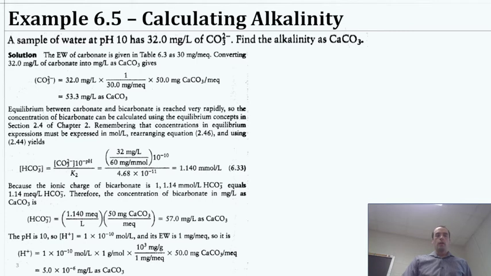So they went ahead and calculated straight up as milliequivalents per liter as CaCO3. So they take this carbonate, that's 32 milligrams per liter, and then they're dividing it by the 30 milligrams per milliequivalent.